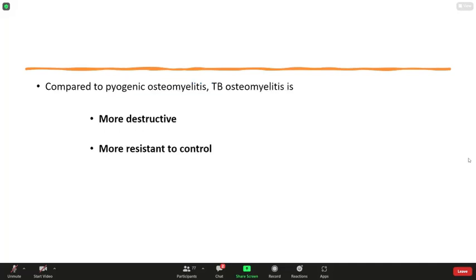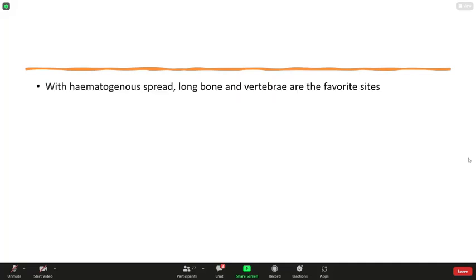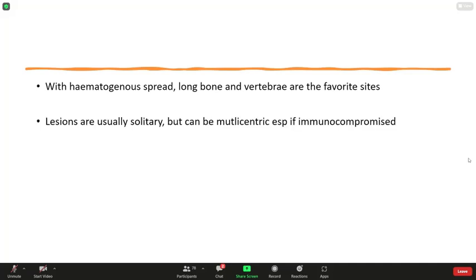Compared to pyogenic osteomyelitis, TB osteomyelitis is more destructive and more resistant to control. It's a type of chronic osteomyelitis. With hematogenous spread, the long bones and vertebrae are the favorite sites, and lesions are usually solitary.